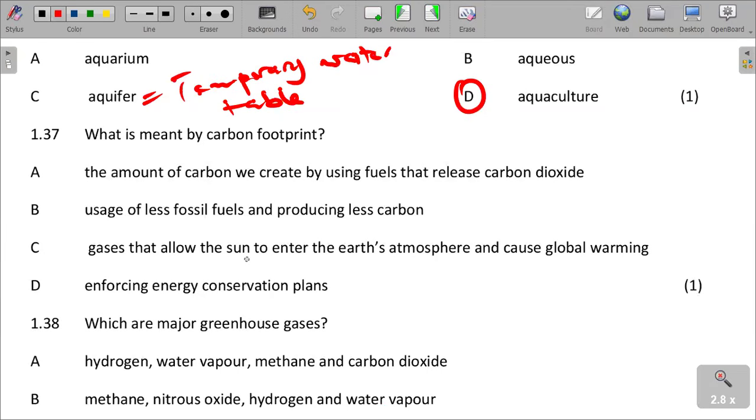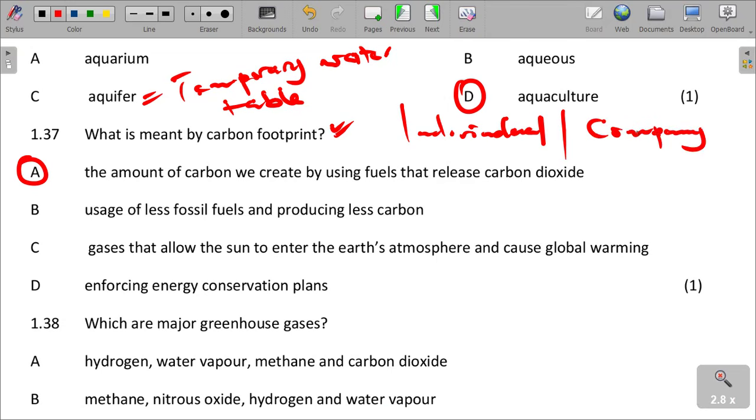This can be by an individual, by a company, or by a firm. The amount of carbon that a firm or an individual produces is usually measured over a period of a year.